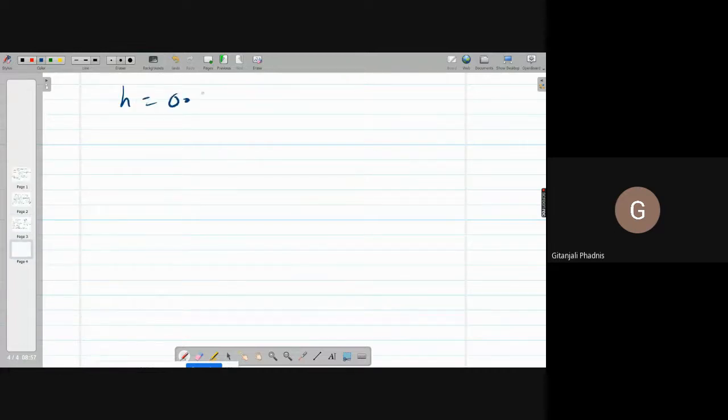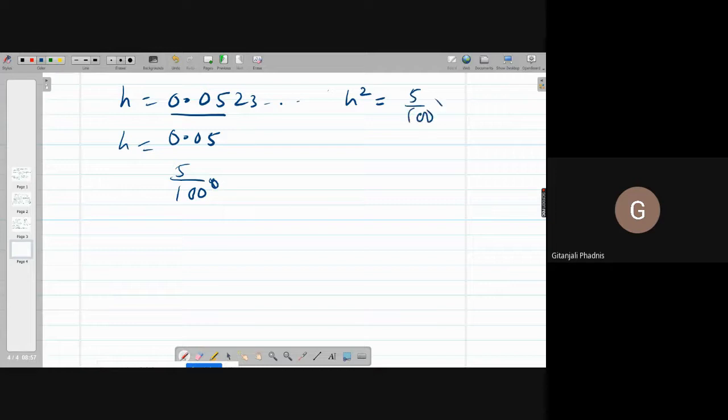If h is 0.0523, something like that, what can you say about h square? Let us consider only this much, 0.05. So what will be our h square? This is 5 upon 100, right? So h square will be 5 upon 100 into 5 upon 100. So it will be 25 upon 10,000.